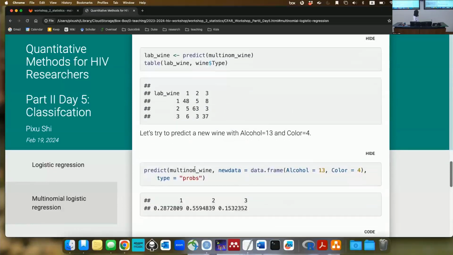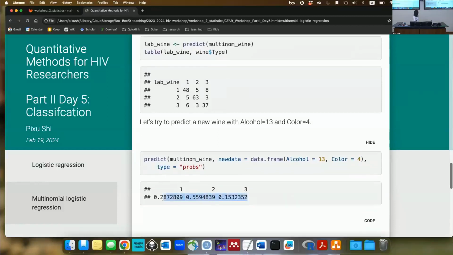You will have these numbers. Fortunately, you're not my undergraduate students who have to do that by hand. You can just use the predict function, type equal to probability, and you will know that it's more likely to be a type 2 one.